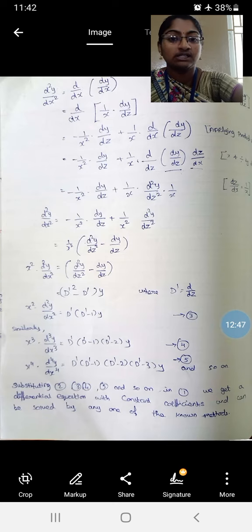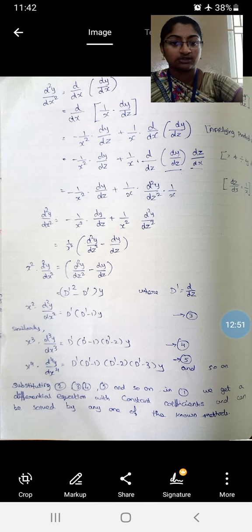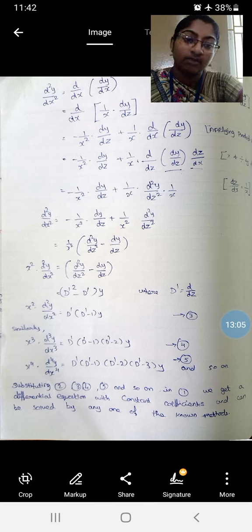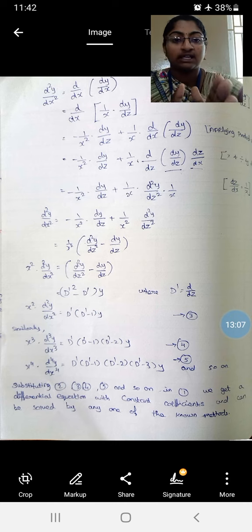Just substitute it and differentiate, applying the product rule, multiplying and dividing by dz in the numerator and denominator, d by dz into dz by dx. Keep the bracket term as it is, dy by dz.